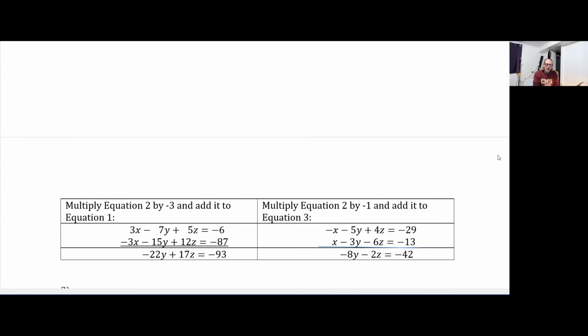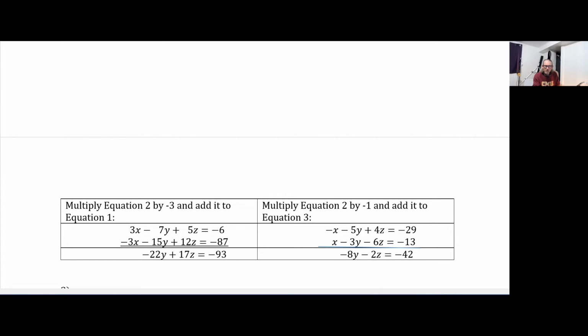Okay, I've done the multiplication I said I was going to do, and then I added along the columns, got the x's to cancel here, added up the y's, added up the z's, and added up the constants on the other side of the equal sign. Same thing for the other pair. And now that's going to make up a 2 by 2 system that we already know how to solve. I'll continue with elimination.